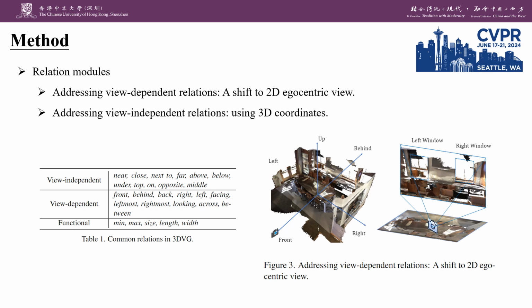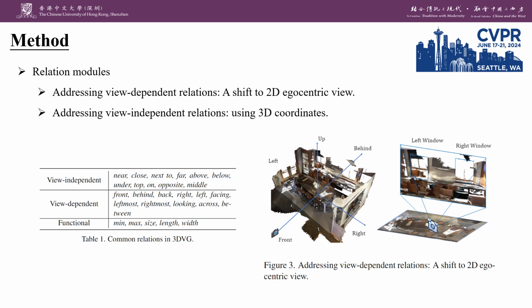The view-independent modules process elements that do not change with the observer's viewpoint. For example, the size or the type of an object remains constant regardless of where you stand in the room. And the view-dependent modules handle elements that change with the observer's viewpoint, such as the relative position of objects.